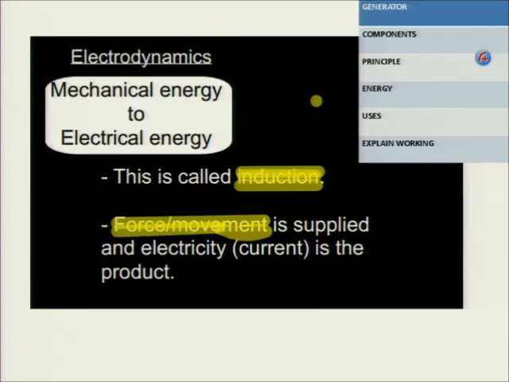So it works on the principle, in other words, of induction. I am providing the motion, the movement, by a force on the armature which is turning it, and electricity, current, is now the product. So that's why that is my energy conversion. Mechanical energy converted to electrical energy.